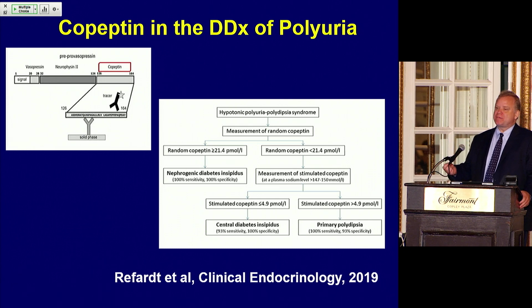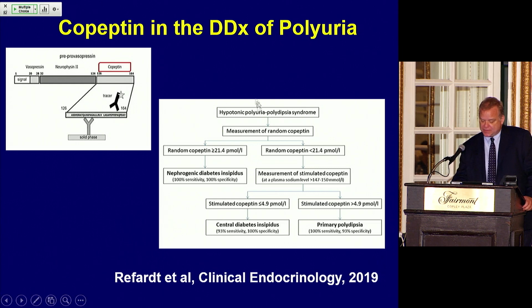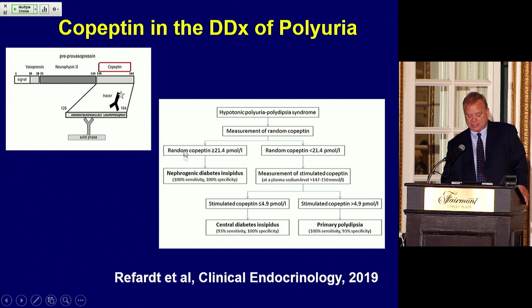It's much easier to measure, it has a longer half-life, and the measurements are much more sensitive. So if we have somebody who's got a polyuria polydipsia syndrome, we can measure random copeptin. If it's greater than 20 or so, that suggests a nephrogenic DI. If it's less than 20 or so, that suggests a central DI.